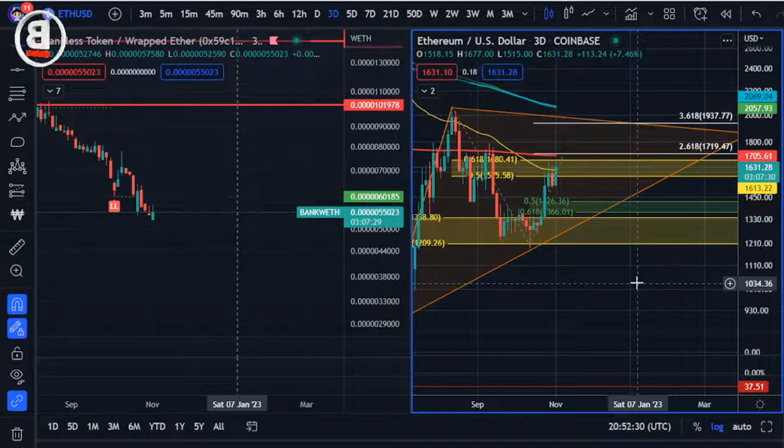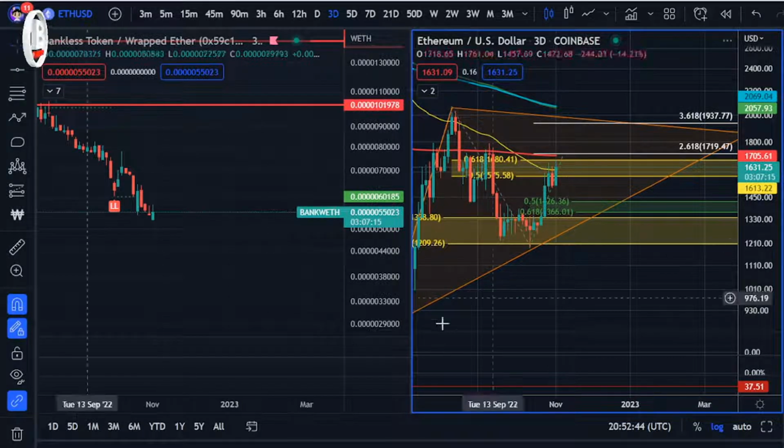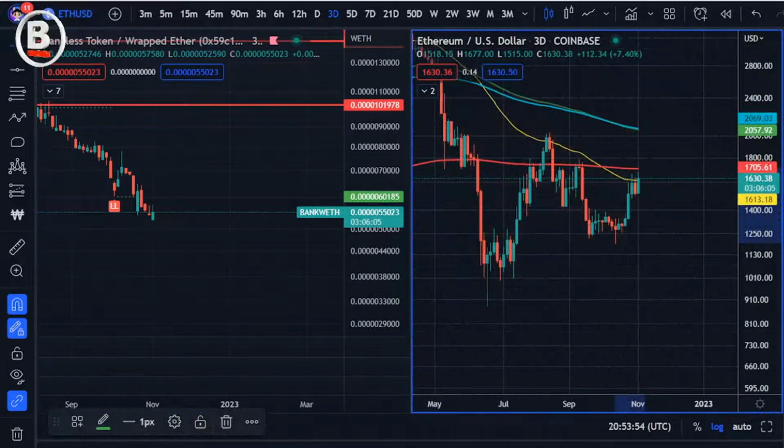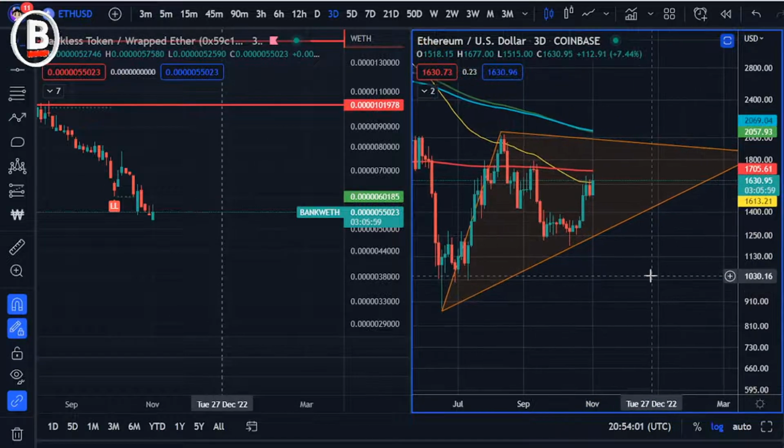All right, 3 day. So what do we notice when we compare the bank token relative to Ethereum and then the Ethereum price to the US dollar? We notice some interesting things. We notice there's this triangle pattern, right? We can test against. We need 3 points to test a triangle.